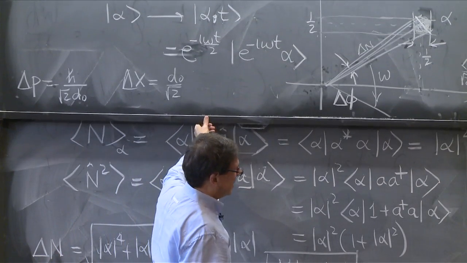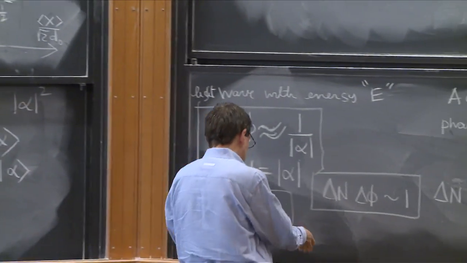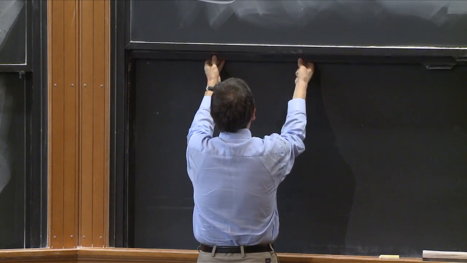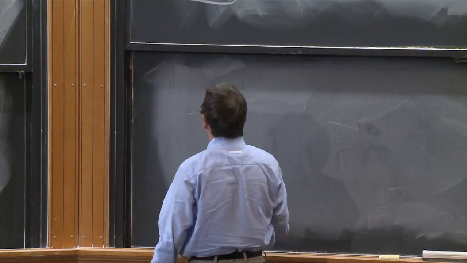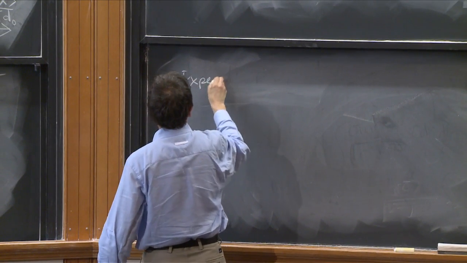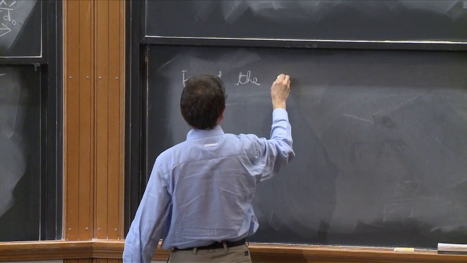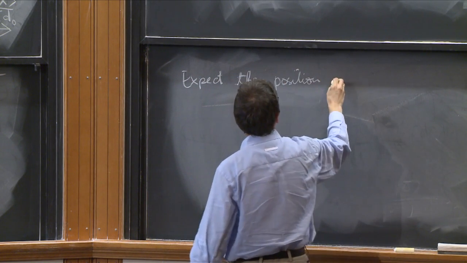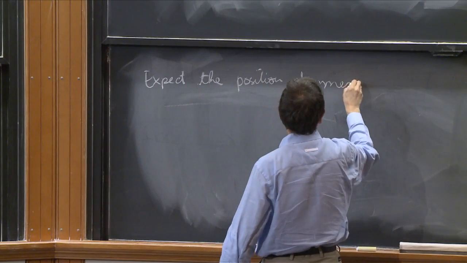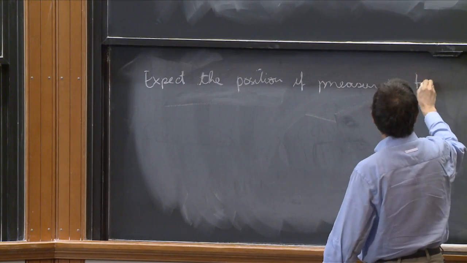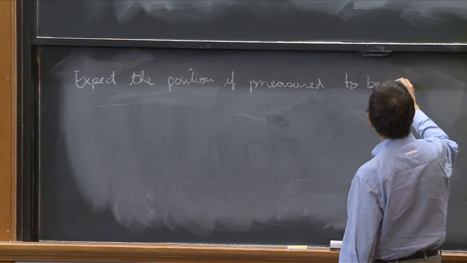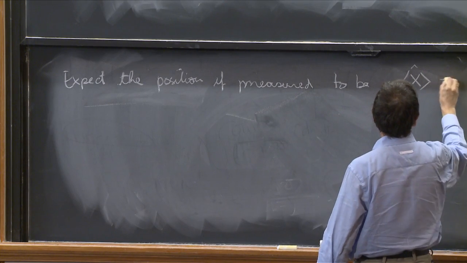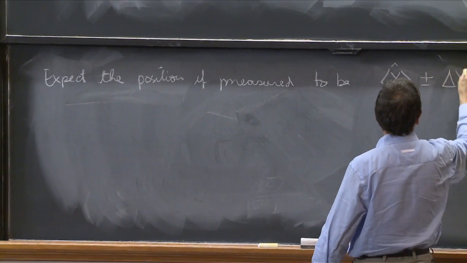This seems a little hand wavy, but I'll say it like this. I expect the position, if measured, to be between the expectation value of x plus minus delta x.